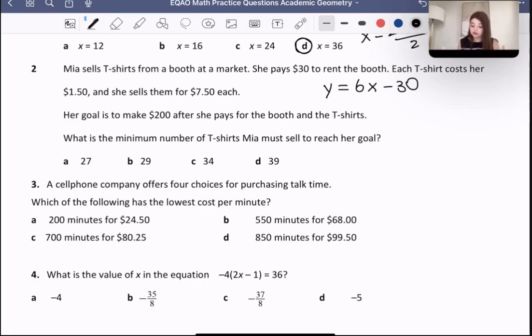It costs her $1.50 to make them, or however it is that she obtains the shirts. So therefore, her profit per shirt is $6. So they're asking if her goal is to make $200 after she pays for the booth and the shirts, then what is the minimum number of shirts that she must sell?